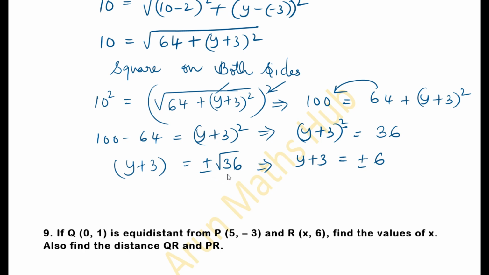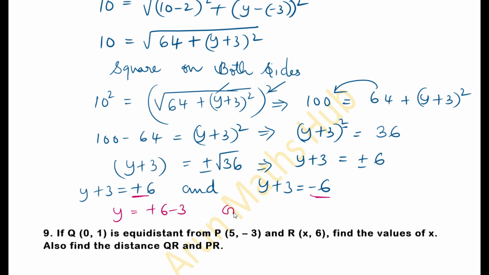That's why I consider plus and minus. Now consider y plus 3 equals plus 6 and another value y plus 3 equals what? Minus 6. You need to consider both the values. Now y equals plus 6 minus 3 or y equals minus 6 minus 3.